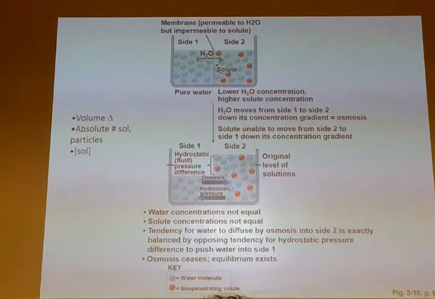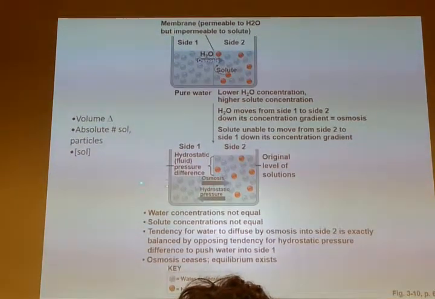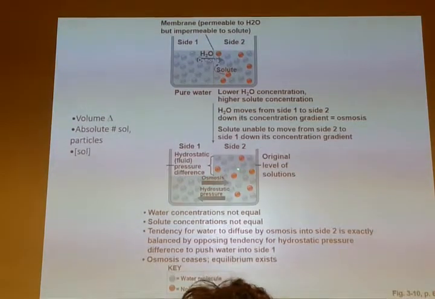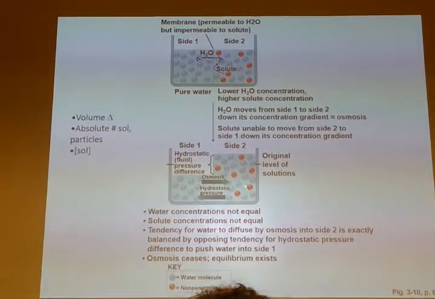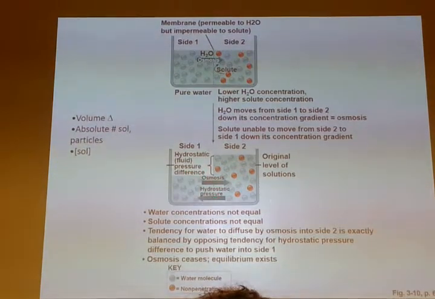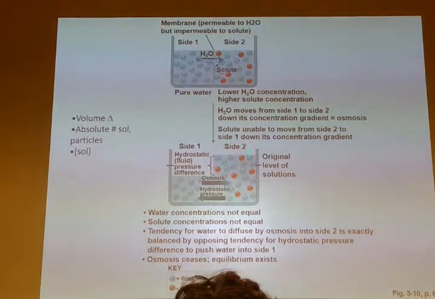Here, there's less water on side 2, so water will move to side 2 until the pressure of water movement across due to osmosis is balanced by the hydrostatic forces, and that includes gravitational forces pushing down here.